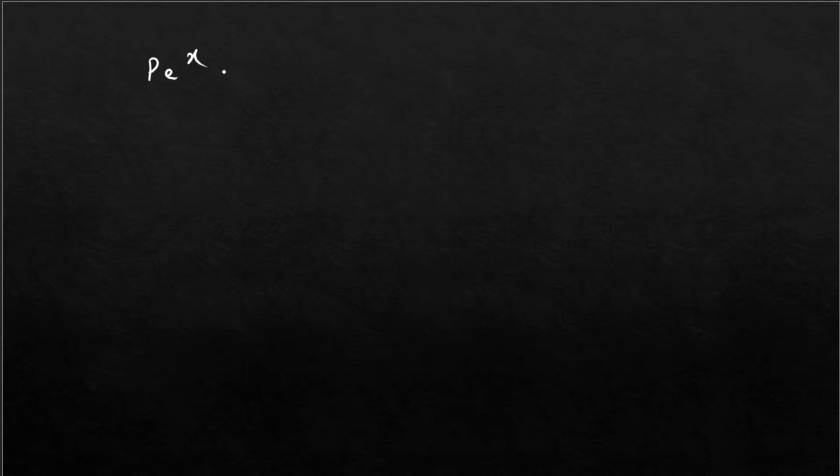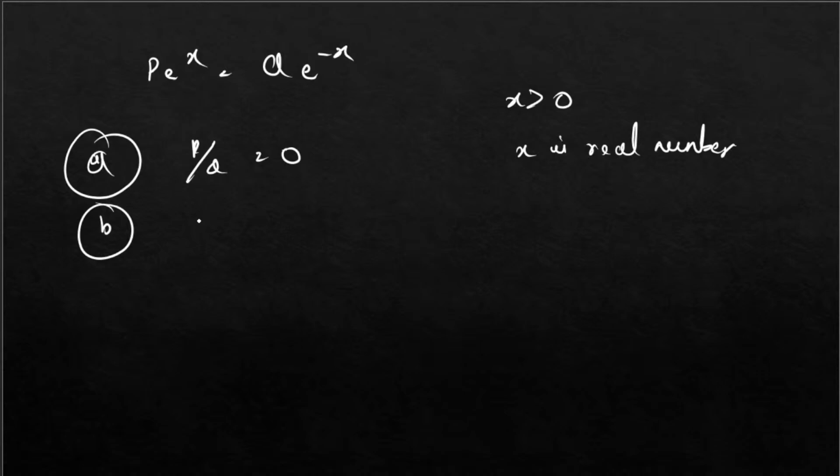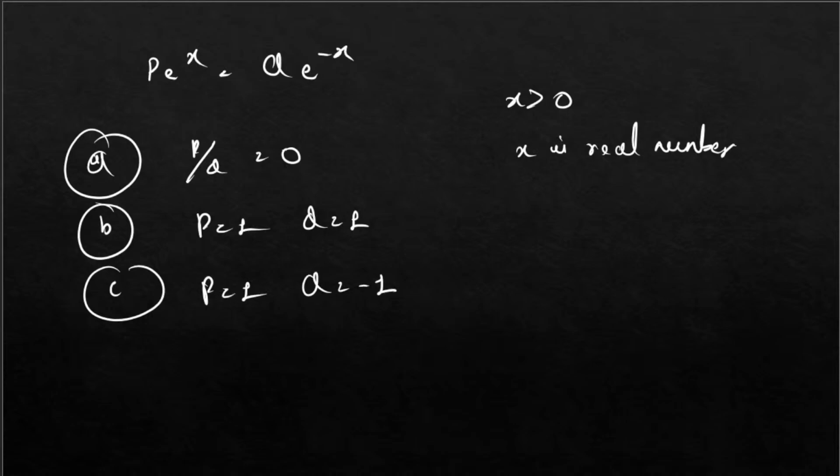P, E, X, Q. Option A is X equals 0, X is a real number, P by Q equals 0. B is Q equals 1, P equals 1. C is P equals 1, Q equals minus 1, and D is P equals 0, Q equals 0. So what do you think is the correct answer?